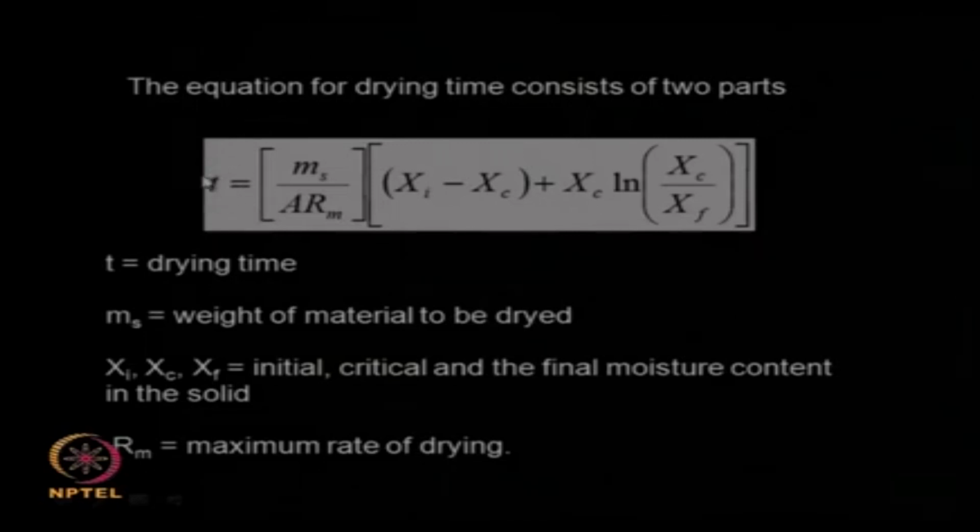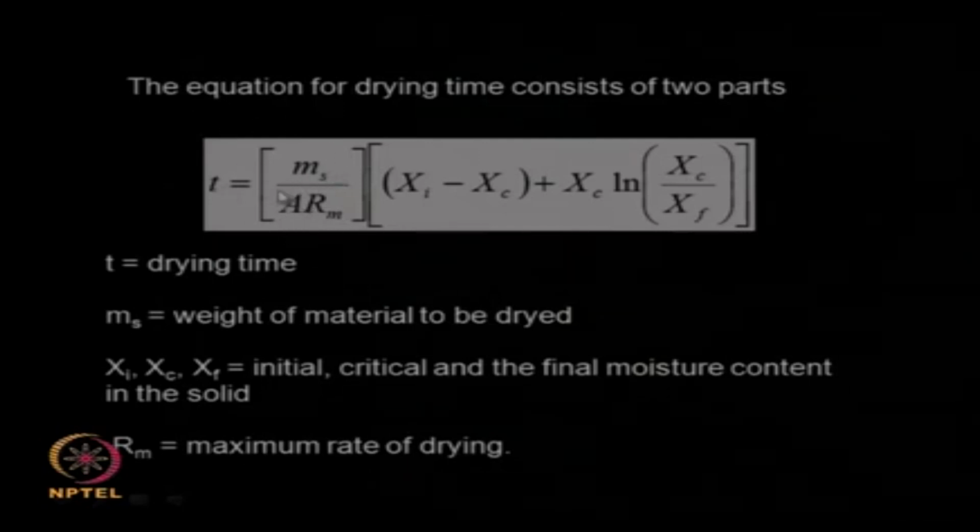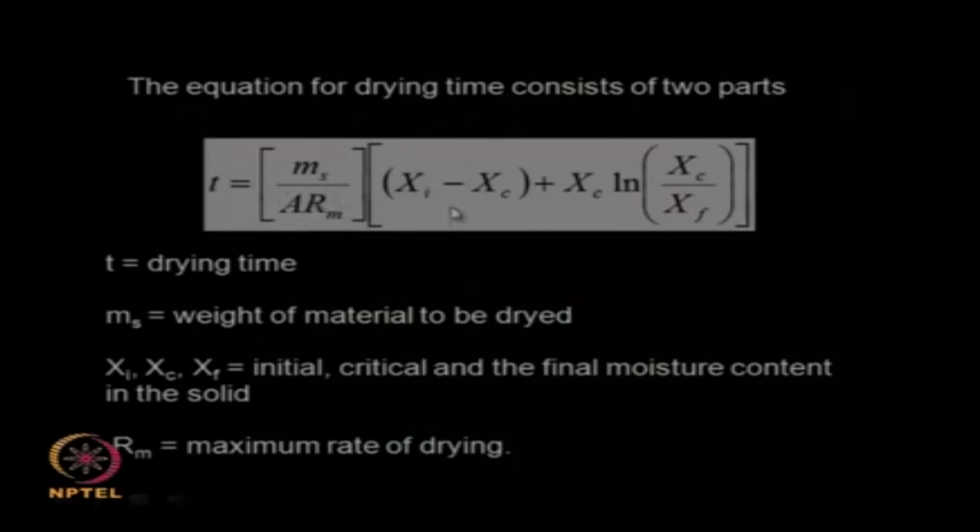So T is made up of W, the weight of the material that needs to be dried, A is the surface area, Rm is the maximum rate of drying, Xi is the initial moisture content, Xc is the critical moisture content, Xf is the final or the equilibrium moisture content. Okay. So this term corresponds to the constant rate, this term corresponds to the falling rate.